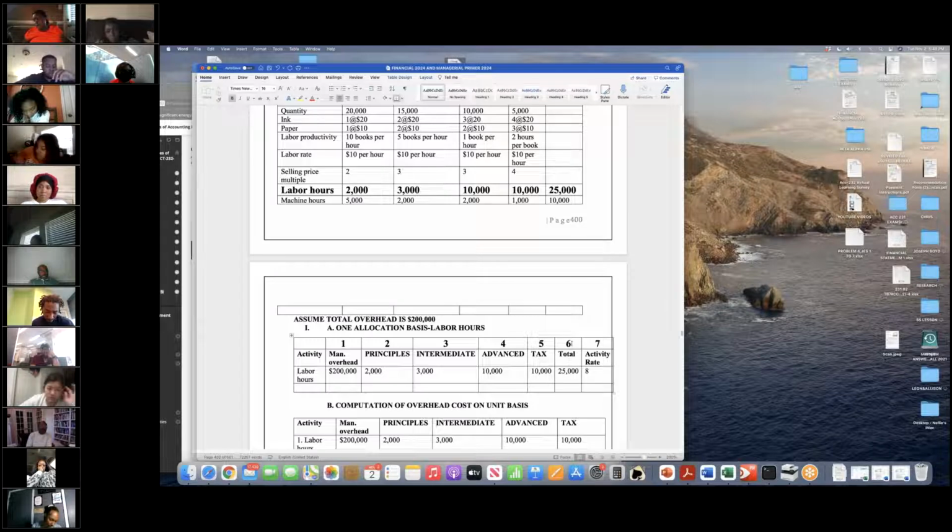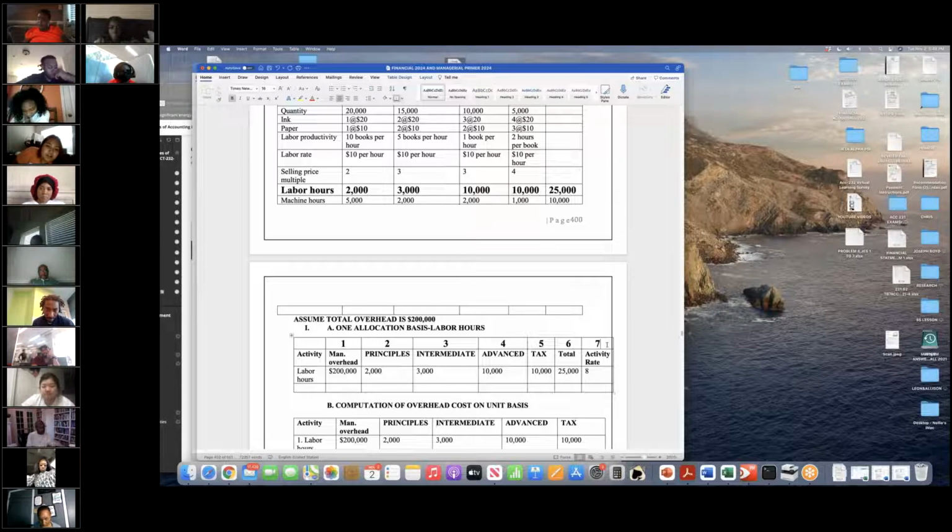So how do we get what's in column 6? By adding 2, 3, 4, and 5 together. How do we get what's in column 7?